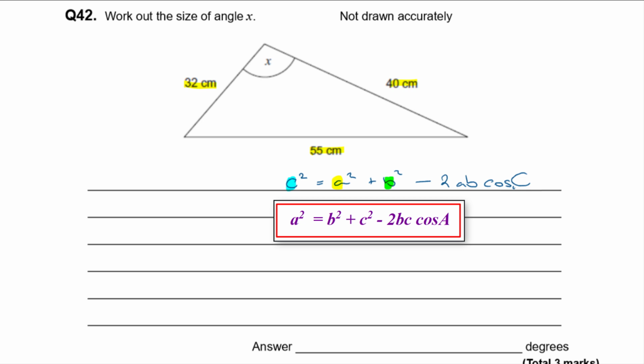So that is 2ab cos c. That's how I remember the pattern. It starts off like the Pythagoras theorem, then the a and b repeat, and then the cos on the end is the same letter as the letter you started with.